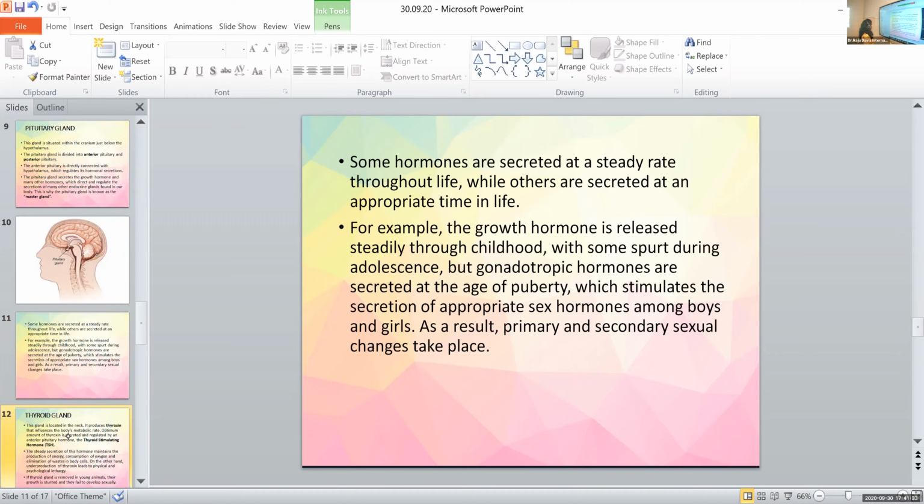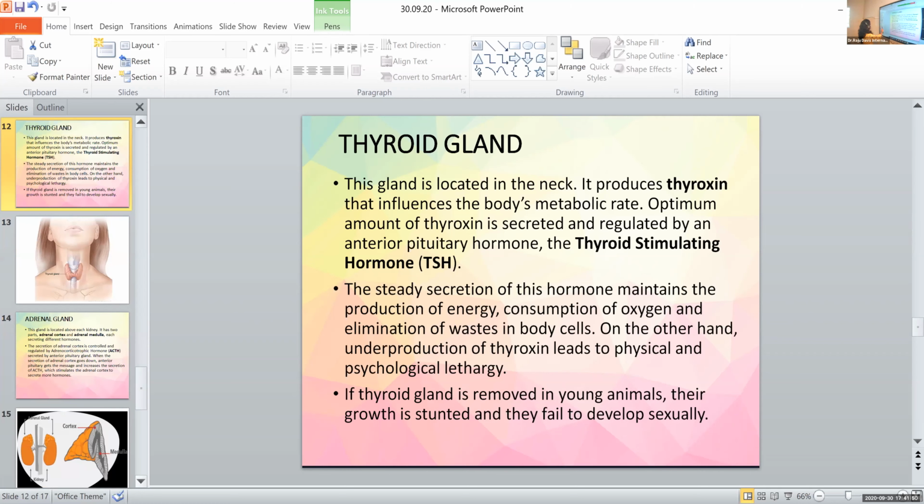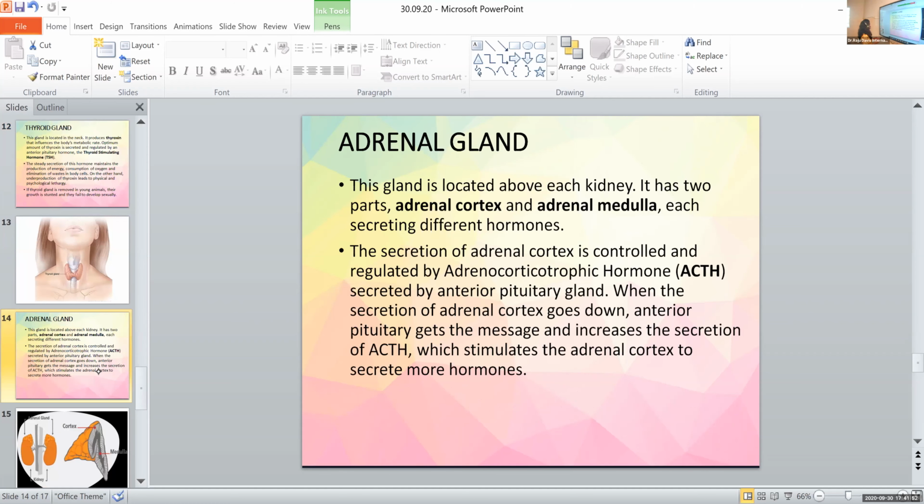Then we saw the thyroid gland, which mainly produces thyroxine, only under the command of the pituitary gland via the thyroid stimulating hormone, that is TSH. Then we saw the adrenal gland, present just above the two bean-shaped kidneys. It has two divisions, cortex and medulla.